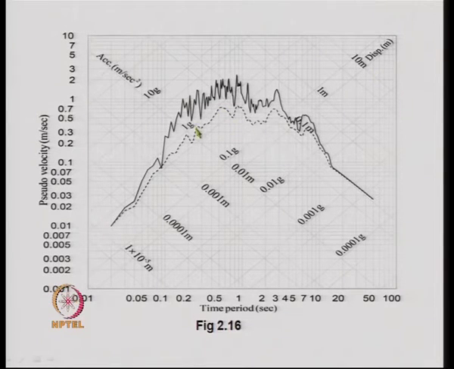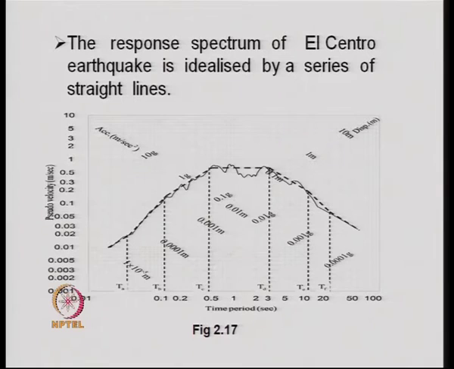So, any particular point reveals three quantities: S_a, S_v and S_d. Therefore, in one single plot we get all three response spectra. This is called the tripartite plot of the response spectrum in a special log graph paper.